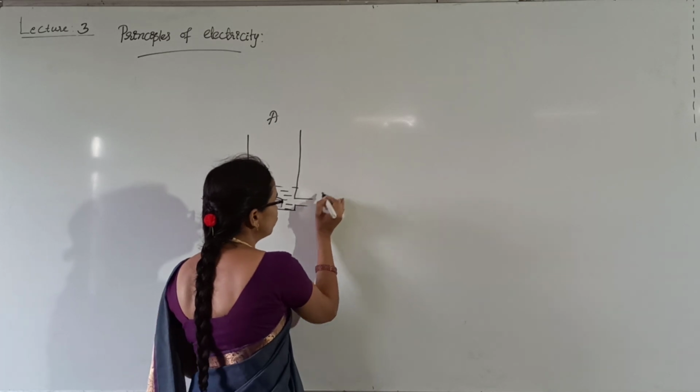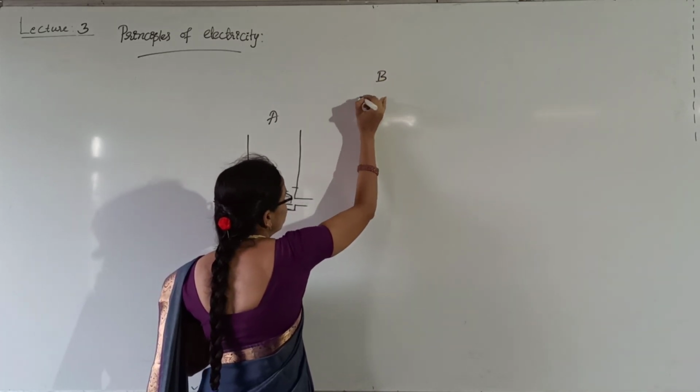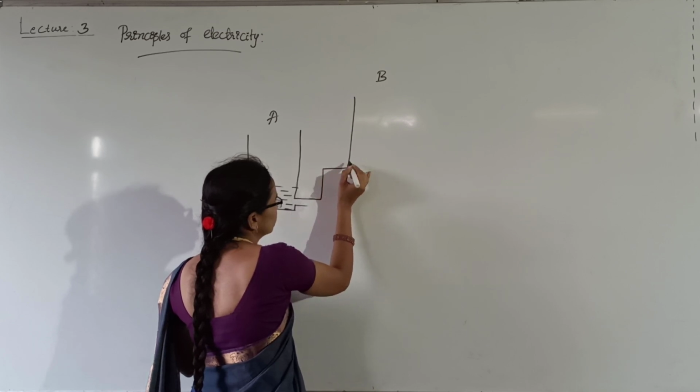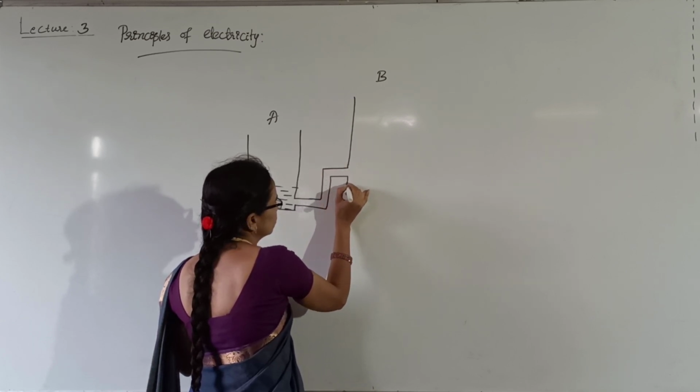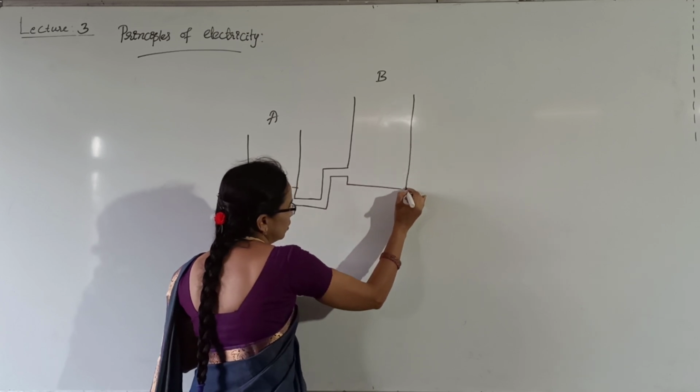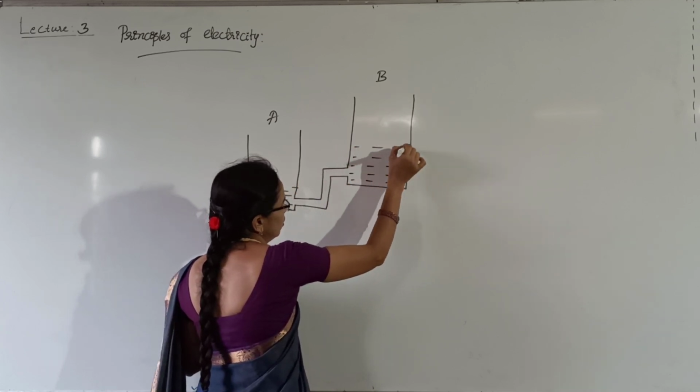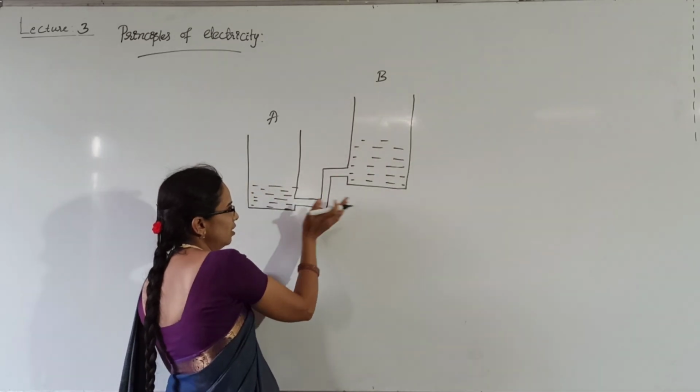To make the water flow, we kept the vessel B at some height.